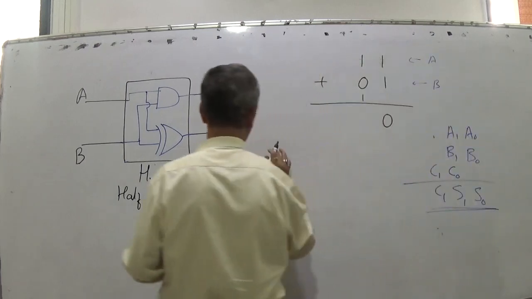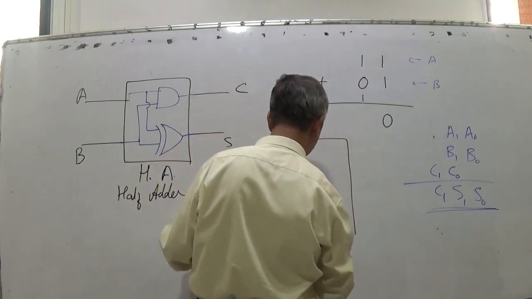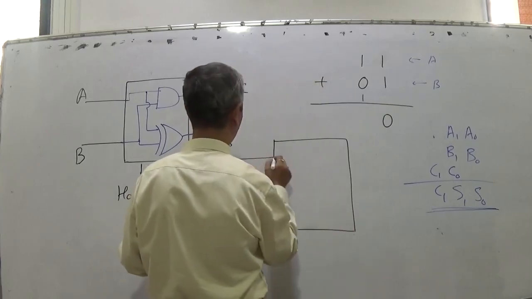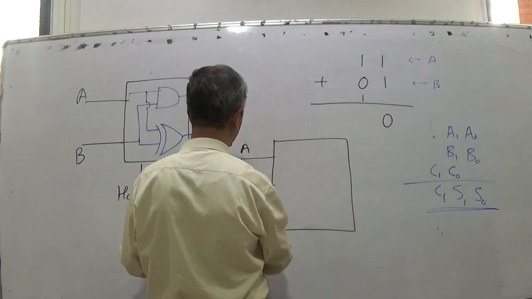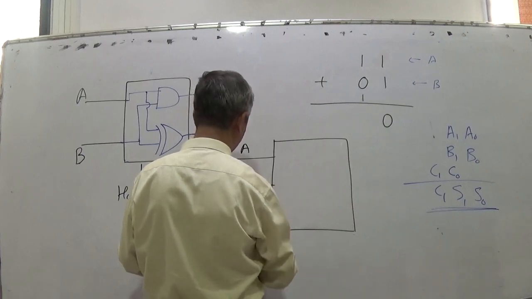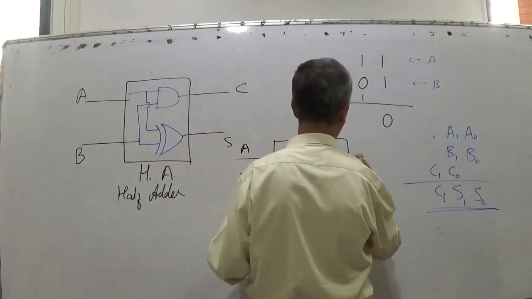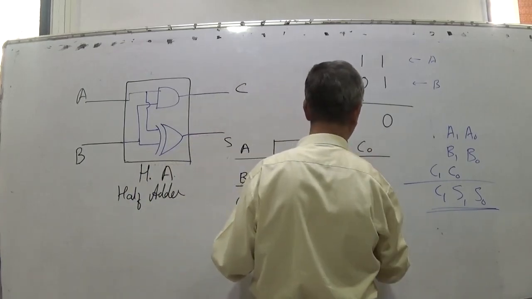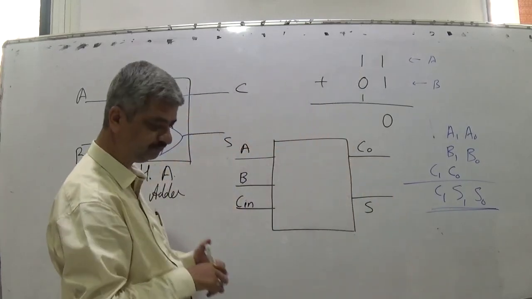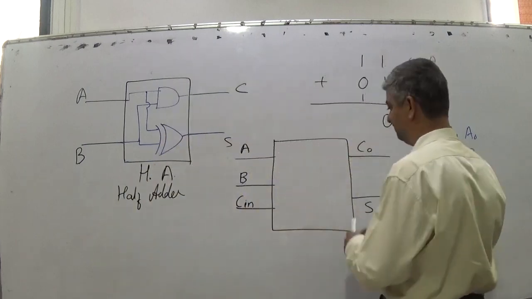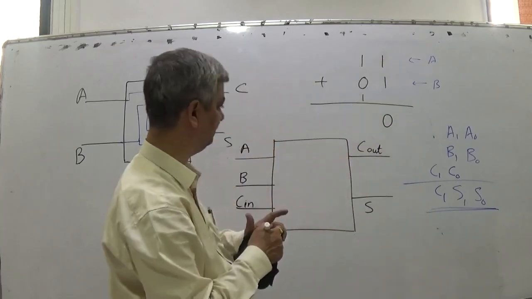So in that case what I do is I want a full adder wherein I should have one bit of A, one bit of B, and now I give a name, C in, the carry coming from the previous one, and what I generate is C out and sum. This is C in, I say C out, so it creates clarity.